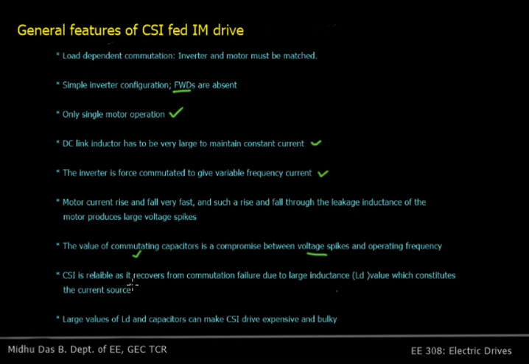Now the CSI is very reliable and rugged because it recovers from commutation failure, due to the large inductance value which constitutes the current source. You know that in a voltage source inverter, the conduction of the switches in the same leg is not advisable, because if both the devices in a particular leg or phase are turned on at the same time, the DC source will get short circuited and a huge amount of current will flow through the devices.